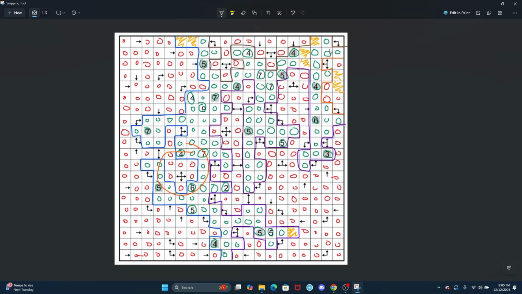Some other parts, I guess you have a cross here. Right, you have a cross thing here, a plus sign here, and you have a plus sign here in the bottom. So you can try to force that there as well. And yeah, it'll eventually work itself out.